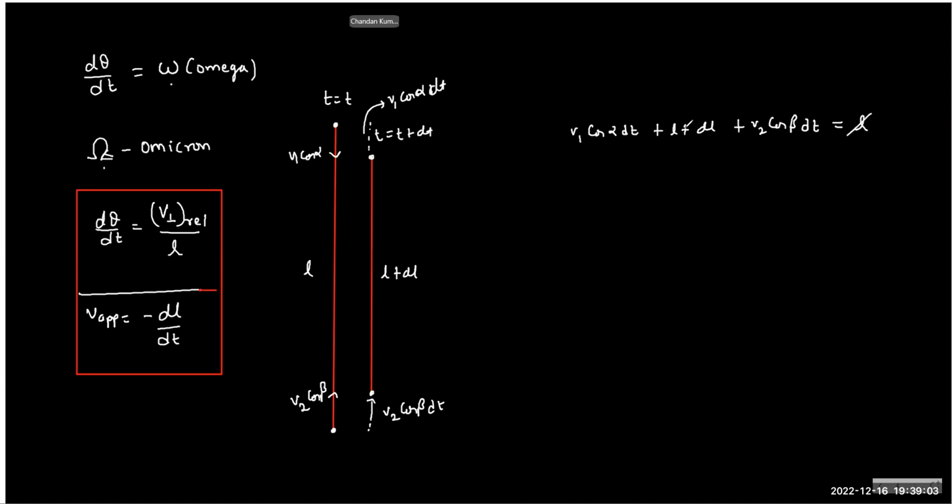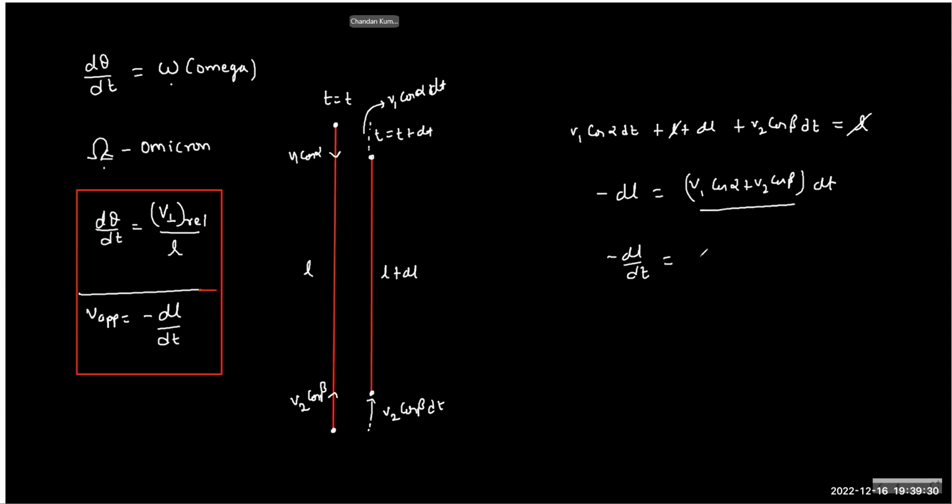So now you can see this will cancel out. So how much will we get for DL, or minus DL? I can take DL that side. So minus DL will be V1 cos alpha plus V2 cos beta into dt. And now DL by dt is how much?